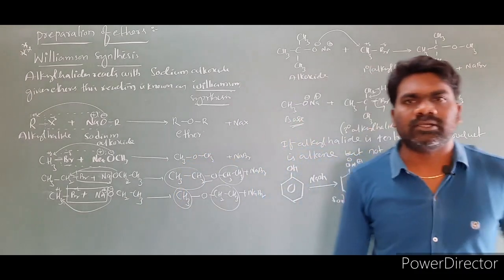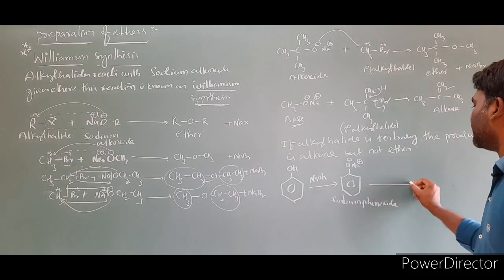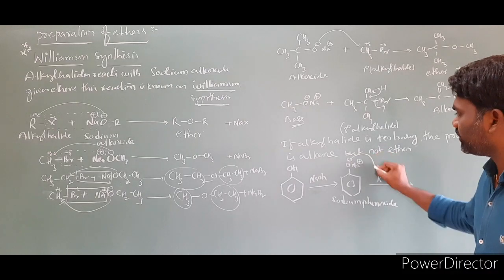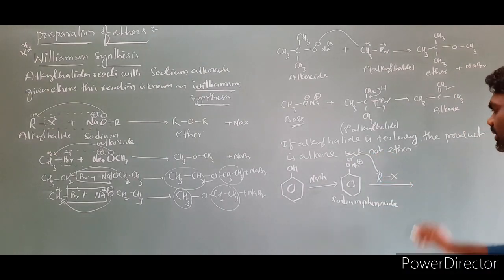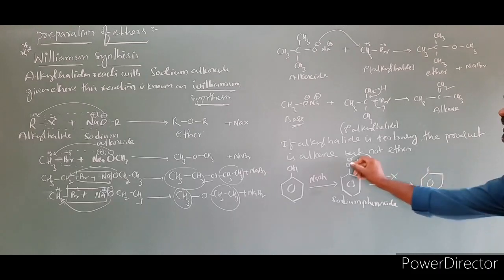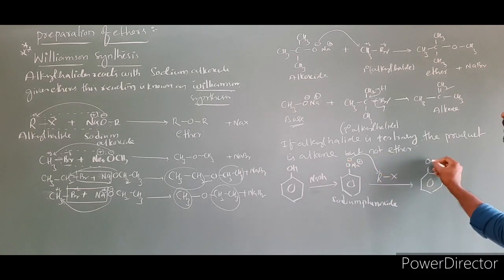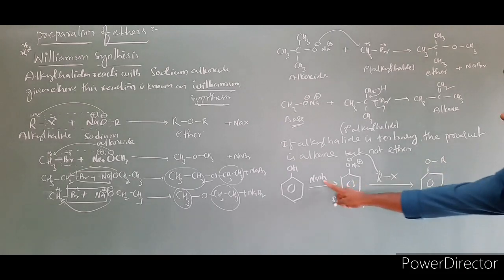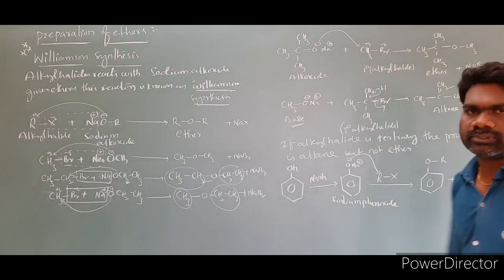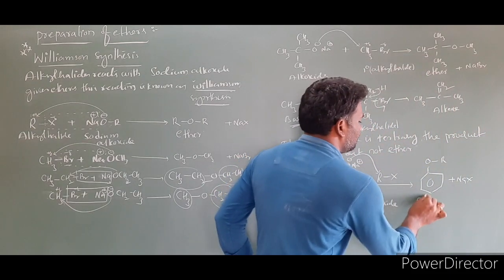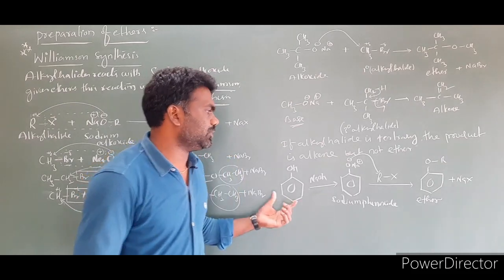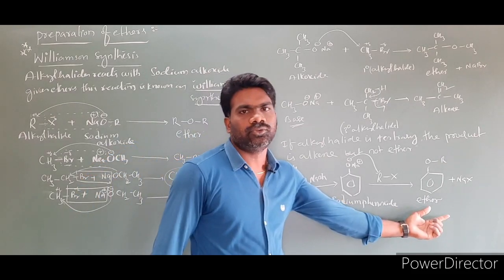This sodium phenoxide will be treated with alkyl halide, RX. This negative charge attacks this alkyl group, then the product has O upon the benzene ring, and to this O we substitute R, with Na and X leaving as NaX. So this is nothing but ether. By using Williamson synthesis, we are able to convert phenols into ethers.